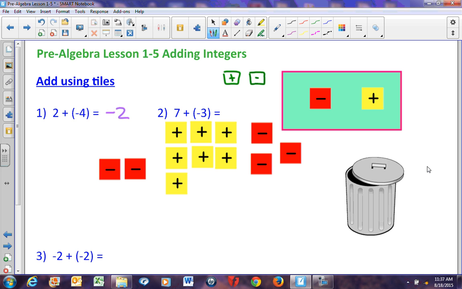Okay. Positive 7 and negative 3. If I pair them up, these 3 positives pair up with these 3 negatives, and they go away. I'm just going to cross them off this time instead of taking the garbage can. That leaves me with 4 positives, so 7 plus negative 3 has to be 4.